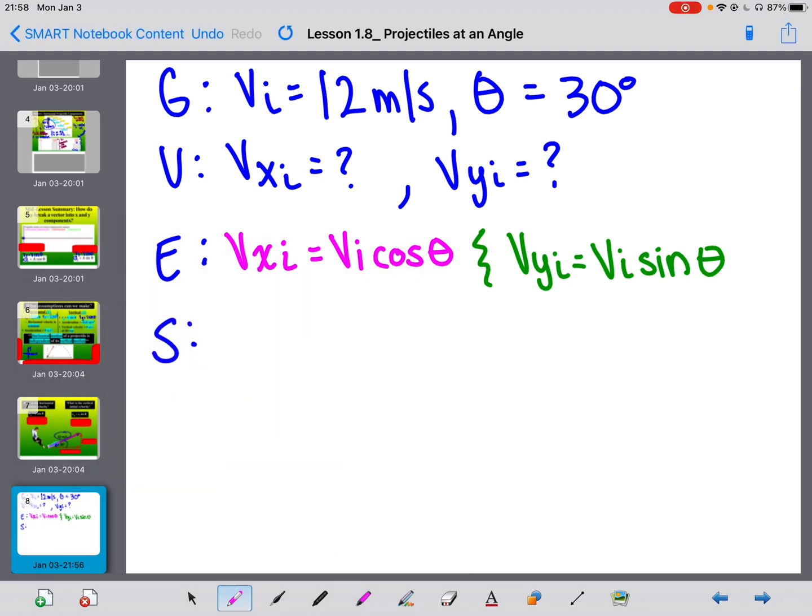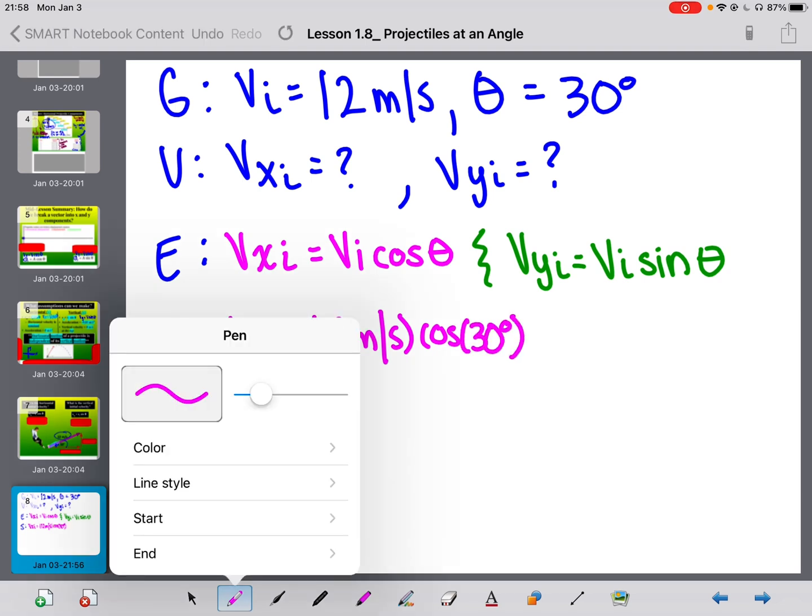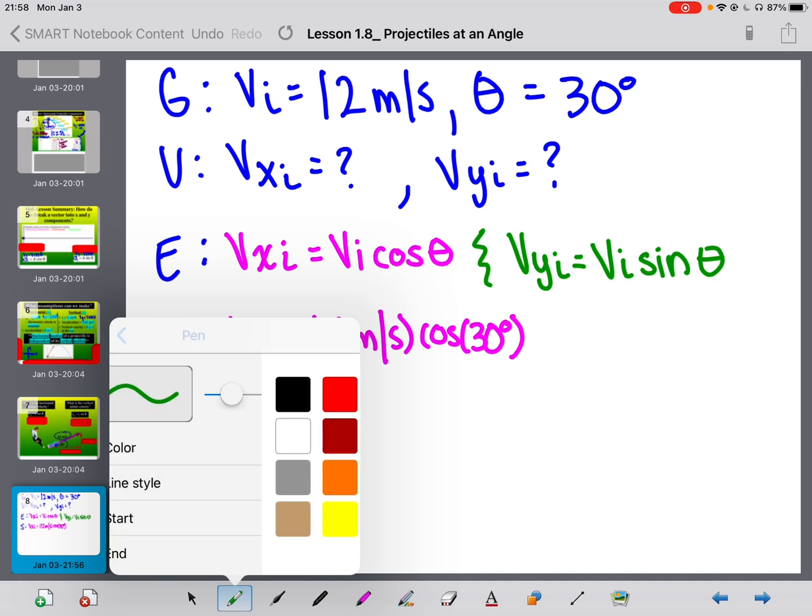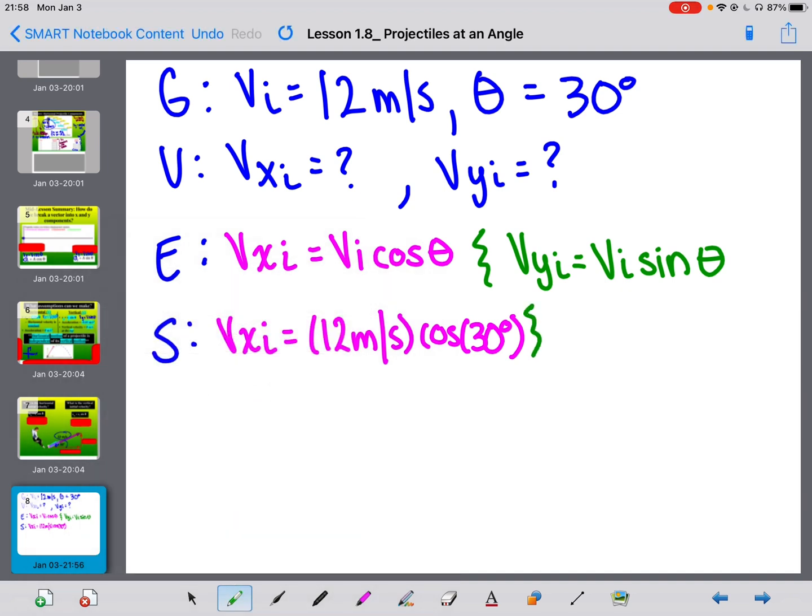So Vxi equals 12 meters per second times cosine of 30 degrees. And for the vertical velocity, Vyi equals 12 meters per second times sine of 30 degrees.